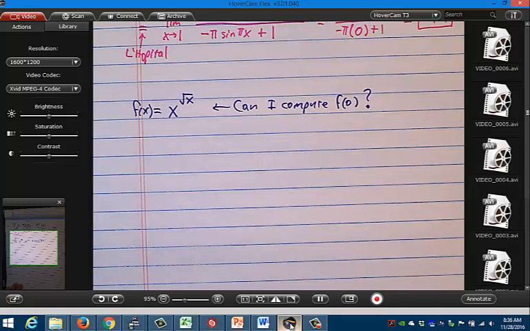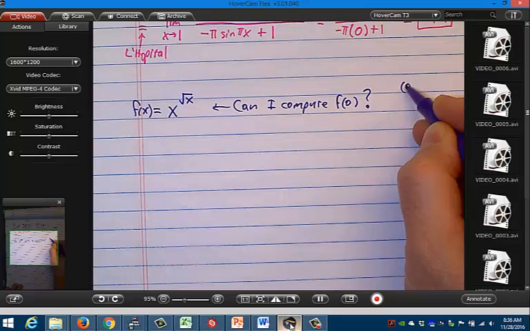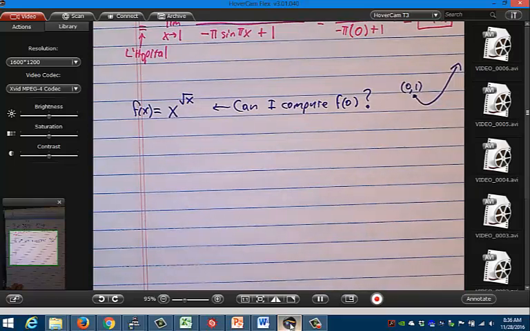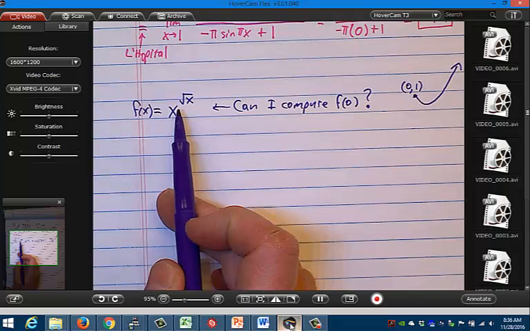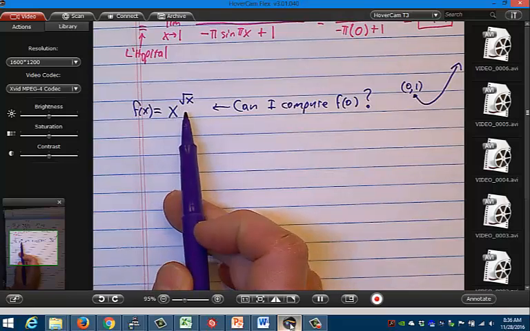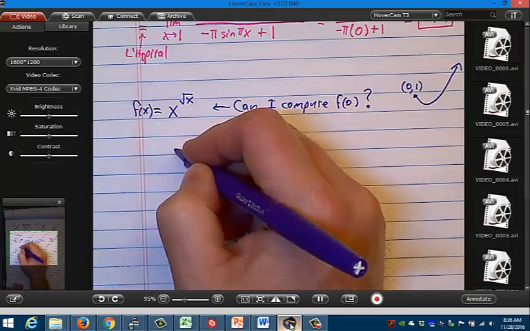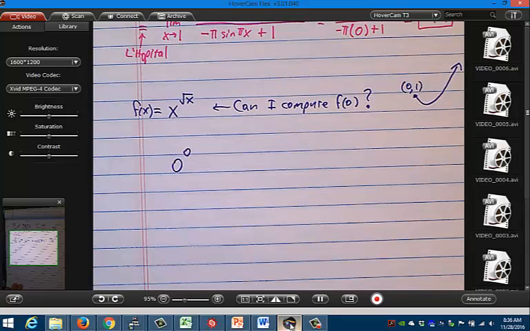That was the question. And Desmos graphed this function, and it said that the answer was 0, 1. This was the picture we had last class. We know you can't put anything less than 0 because it's not in the domain of the function. But my question was, what happens if you try to plug in 0? You get 0 to the 0 power.